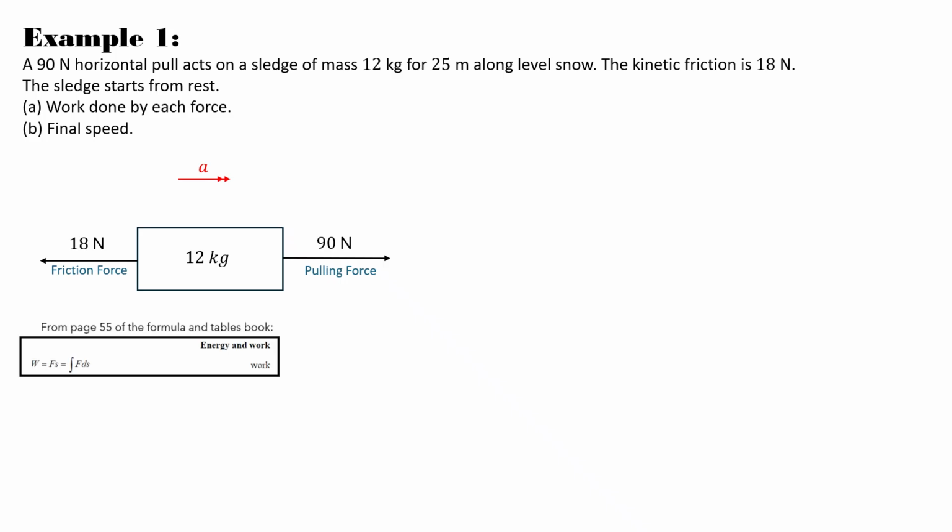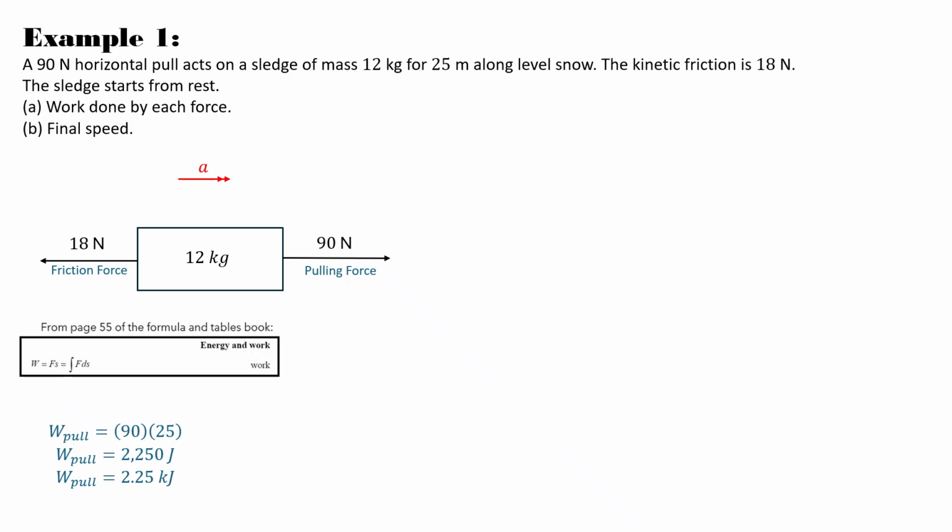So then, if we think about our formula for work, work is equal to Fs, so force times distance. We're looking for the work done by each force. The pulling force is 90, moving 25 meters. So the pulling force is doing work of 2,250 joules, or you can rewrite that as 2.25 kilojoules.